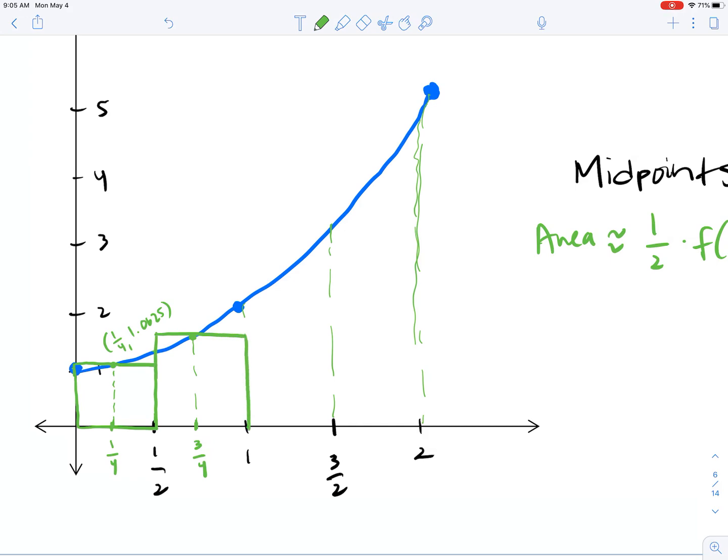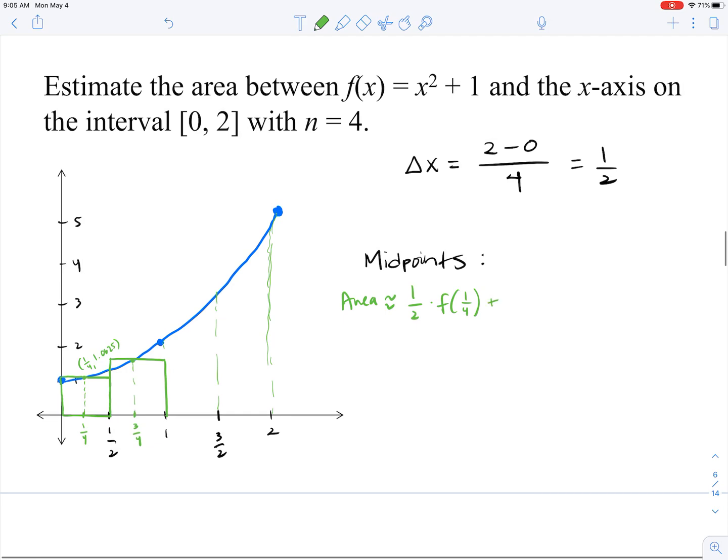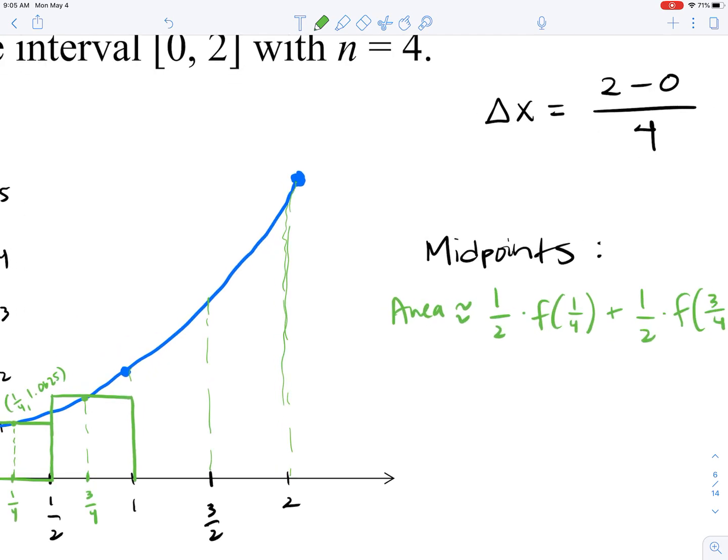So from 1/2 to 1, the midpoint there would be 3/4. So f of 3/4 is going to be the height of that rectangle, the second rectangle, which if I put 3/4 into the function, it looks like I end up with 3/4 comma 1.5625.